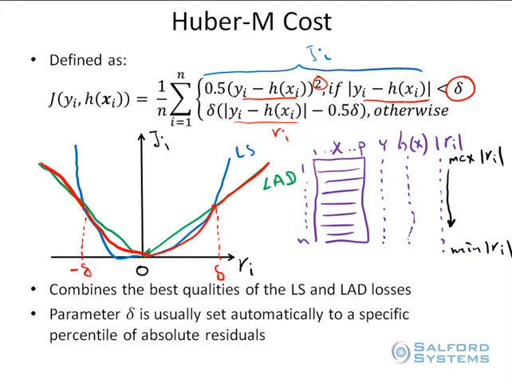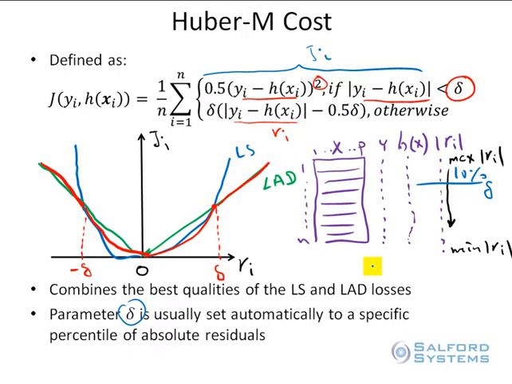And now, what is usually done in practice, you take 10% of the largest absolute residuals, so 10% here, and whatever value cuts off that 10% of residuals is automatically taken as delta. So in other words, even though delta is introduced here as some kind of parameter, in practice this delta is usually set automatically based on a specific percentile of absolute residuals.